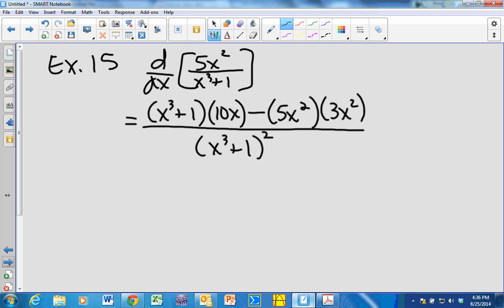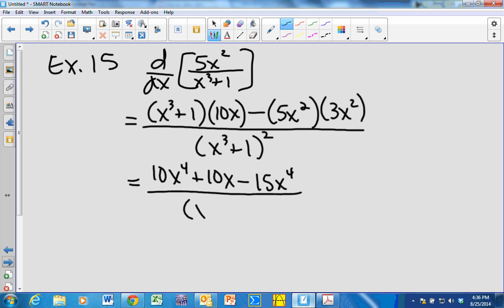Do not multiply out the bottom. Top you have to multiply out because we're trying to add terms, so we have to get it distributed. So we have 10x to the fourth plus 10x minus 15x to the fourth all over the bottom squared.